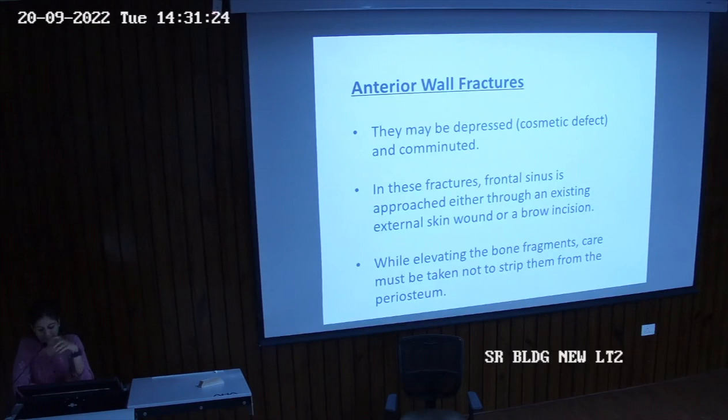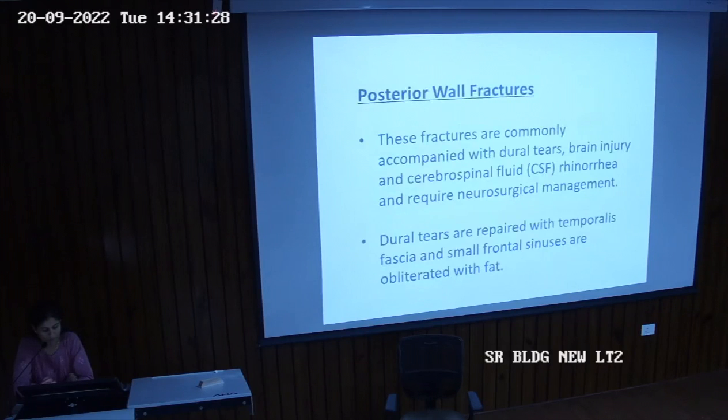So while elevating the bone fragments, care must be taken not to strip them from the periosteum. If there is a posterior wall fracture, what will happen? Why is it more dangerous? Which sinus are we talking about?